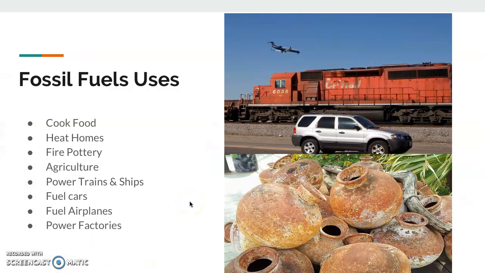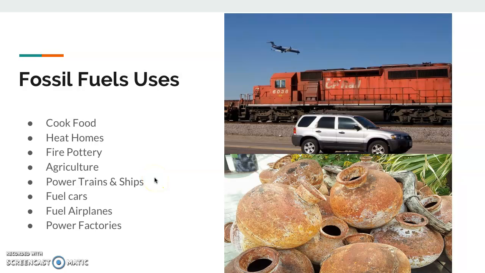Fossil fuel uses. This is just some of the most commonly used, or what we use them for the most, and what we consider probably most important. Each of these are powered by different fossil fuel types.